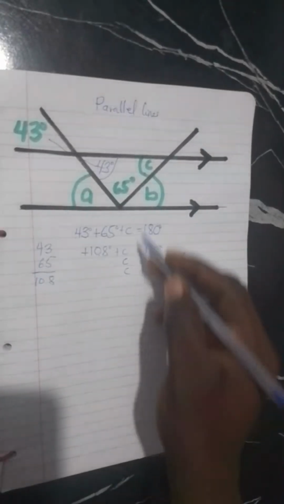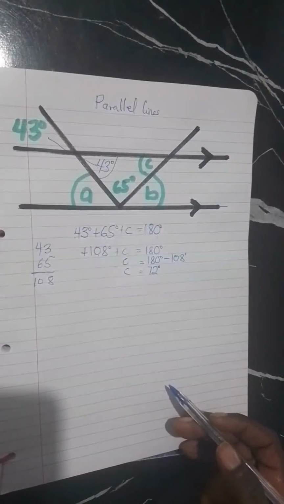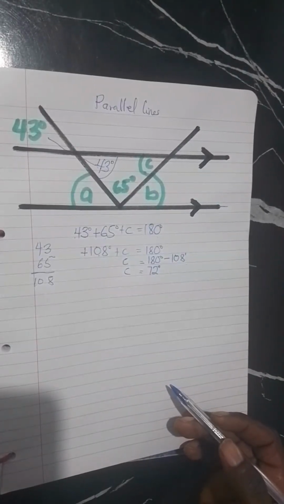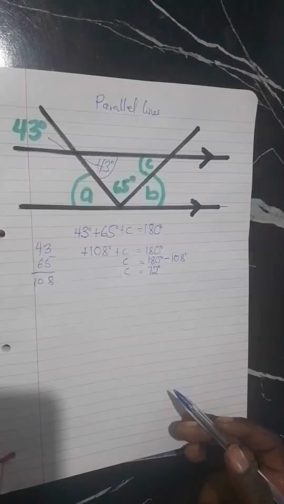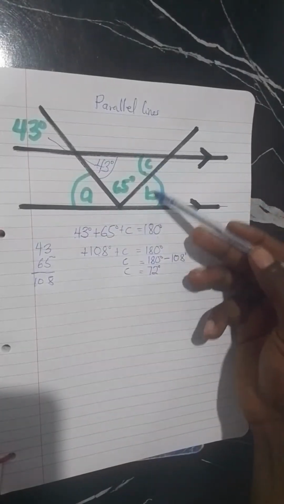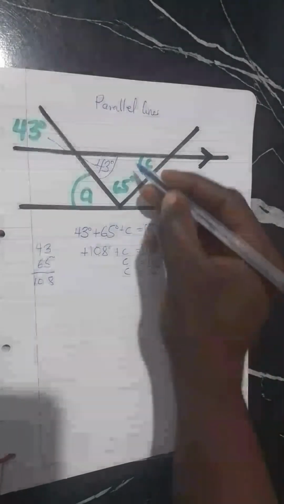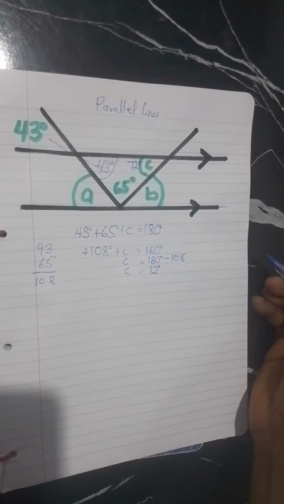Good. So now we know the angle C. Let's find A and B. One of the rules of parallel lines is what we call alternate angles. So if C is 72 degrees, then the angle here is alternate.